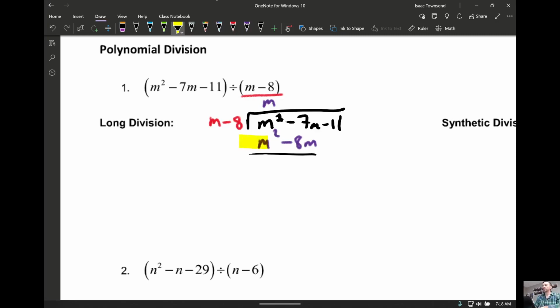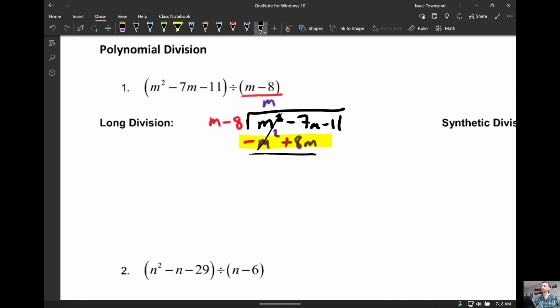So instead, the way I'm going to word it and emphasize it is after you multiply m times m minus 8 and you get this, go ahead and just quickly change the signs and add instead. That's the same thing as distributing that negative and then adding, but I just feel like this is a little more consistent. So these two are supposed to add to 0, and they do.